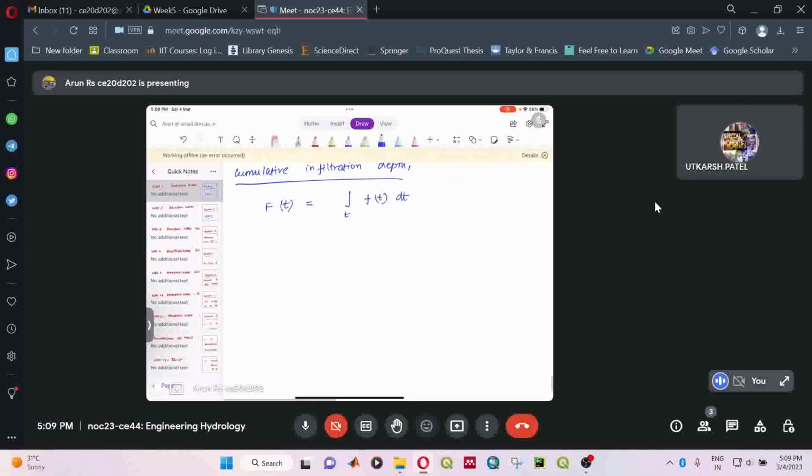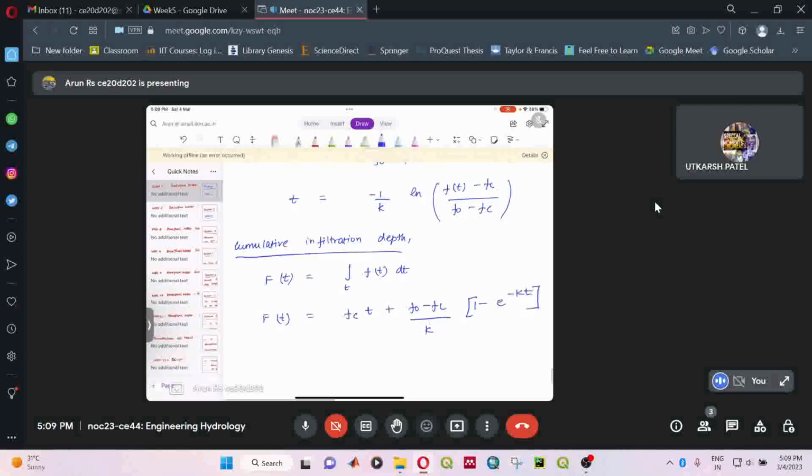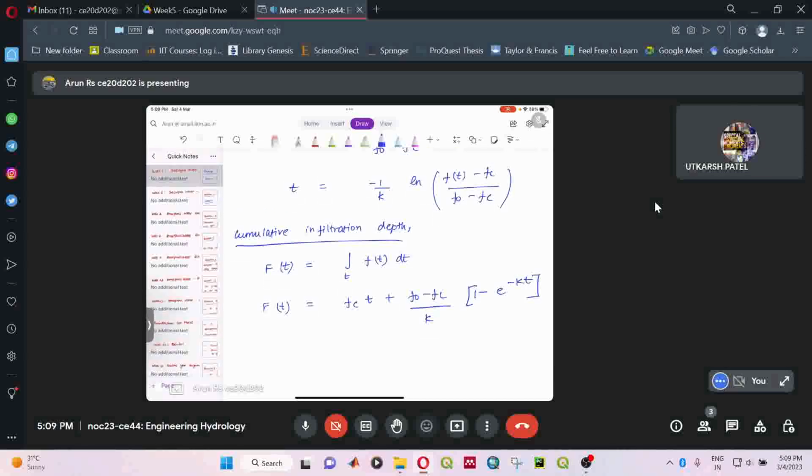Now I'm going to write the integrated version of it: Fc into t plus f naught minus fc divided by k into 1 minus e to the power of minus kt. Are you able to understand how this equation comes?